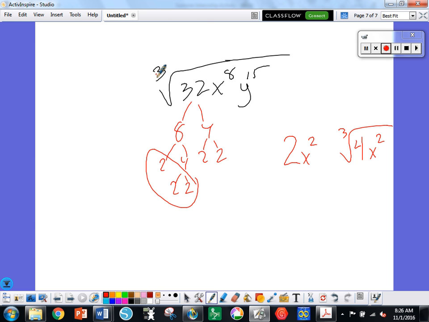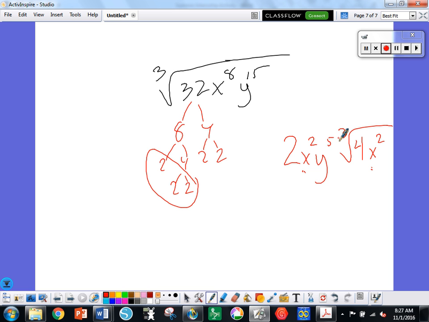How many groups of 3 are in 8? 2, hence the x squared, right? How many are left over? 2. Make sense? How many groups of 3 are in 15? Is there any left over? So the y to the 5th comes out, and there it is.